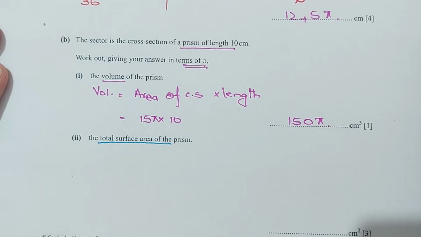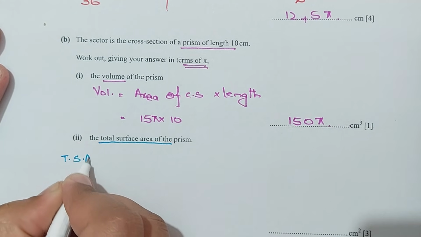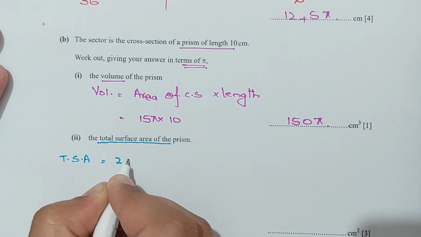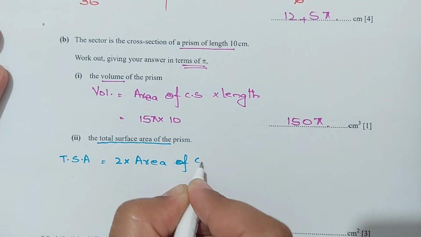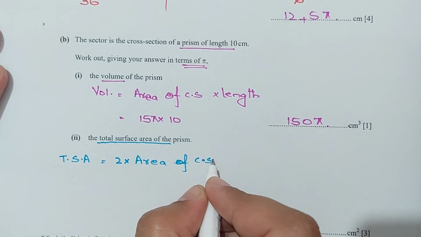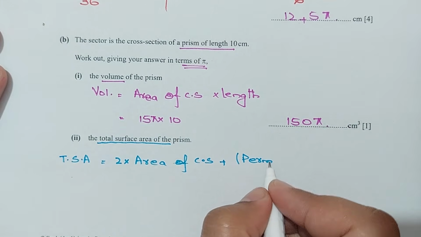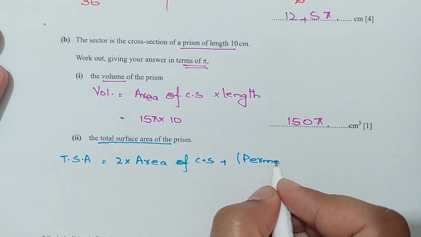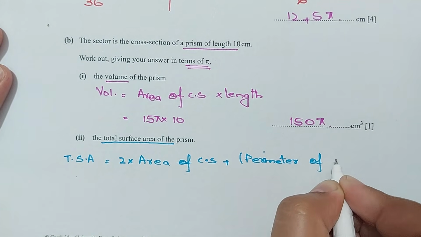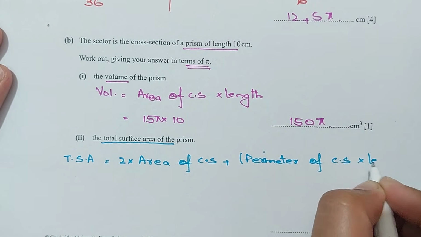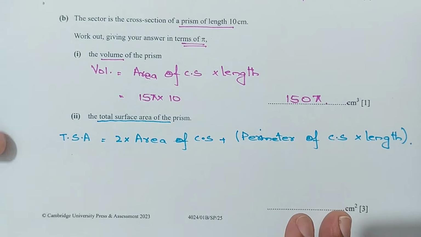Keep in mind, whenever you have to find the total surface area of a prism, the total surface area of any prism equals to 2 times area of cross section, plus perimeter of cross section times length. This is the formula. You have to note this down.